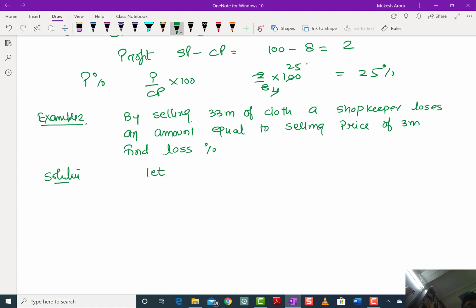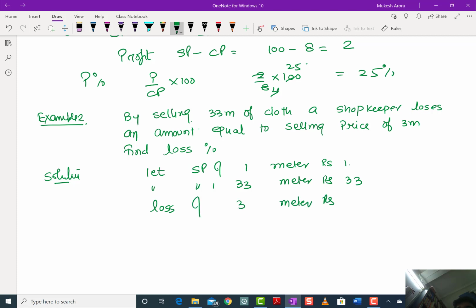Let the selling price of 1 meter be rupees 1, and the SP of 33 meters is rupees 33. The loss of 3 meters is also equal to the selling price of 3.